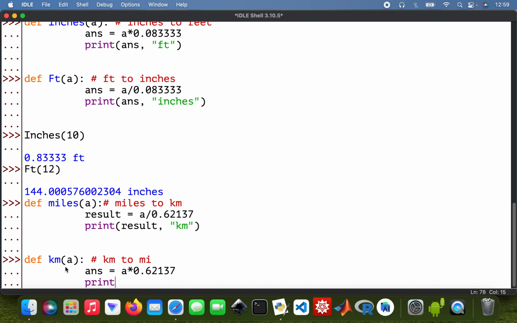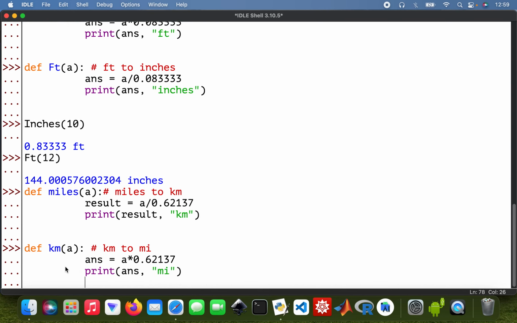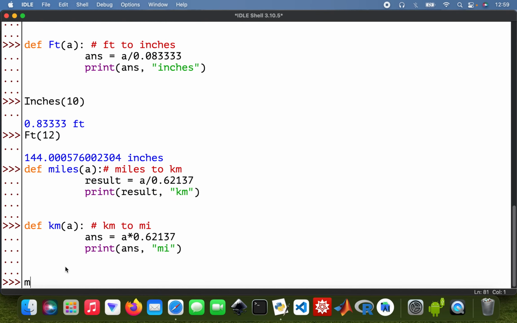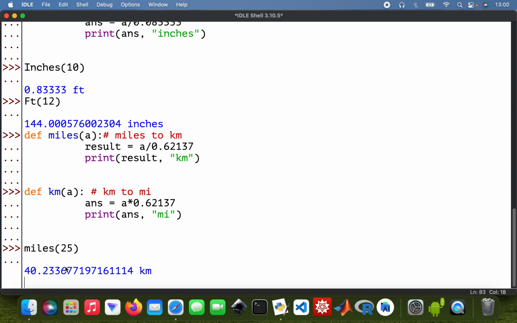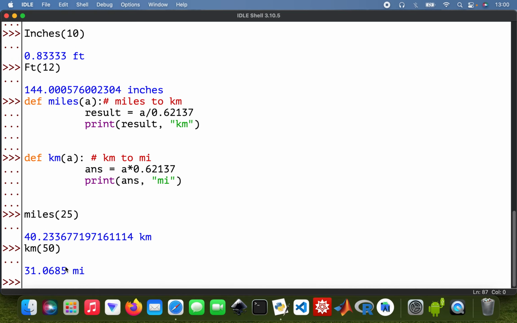Then print my answer, and then my units are miles. Right, so 25 miles is 40.23 kilometers, and then 50 kilometers is 31.0685 miles. Yeah, cool.